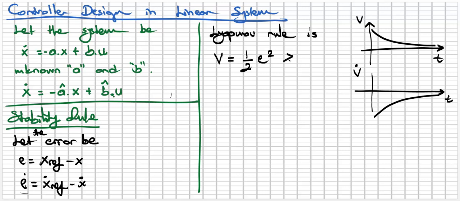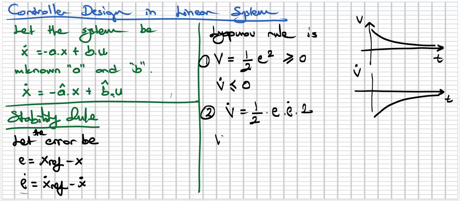And so V is always greater than or equal to 0, and the V dot should always be smaller than 0, and then the total energy goes to 0 at infinite time. Okay, and so this is the basic rule of Lyapunov given in 1911. Okay, and then what? If we have this kind of information in here, this is the first step, and the second step is taking the derivative: 1 divided by 2 times e dot times 2.